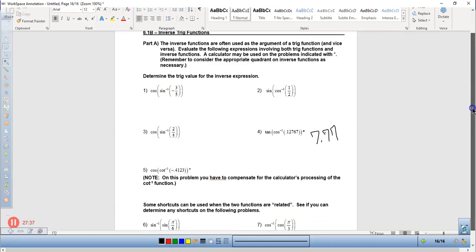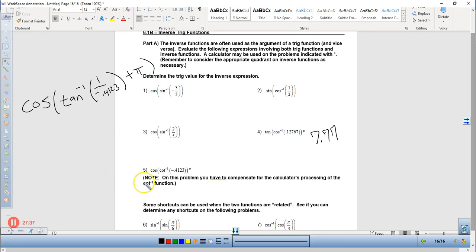Number 5, here's how I'm going to approach number 5. I'm going to do the cosine of tangent inverse of 1 over -0.4123. I'm going to add pi. Okay, so this is going to be my setup for what I'm going to type in my calculator.